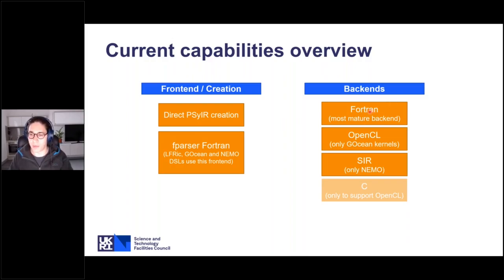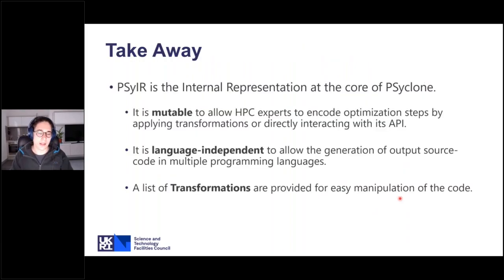So Fortran at the moment works with all the front ends, but the OpenCL backend at the moment just works with the GeoEngine kernels, and the PSyIR backend at the moment just works with the Nemo front end. However, we are working in order to extend this and also bring support to C and C++, which at the moment is quite limited and only available to support the OpenCL. So yeah, that's my last slide.